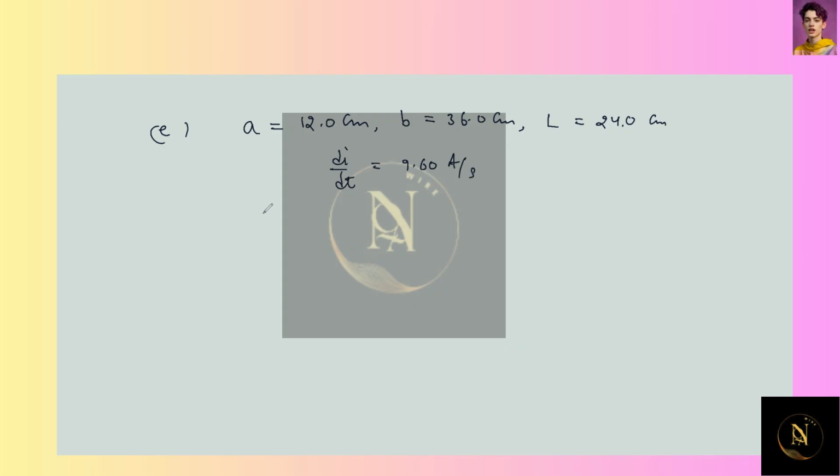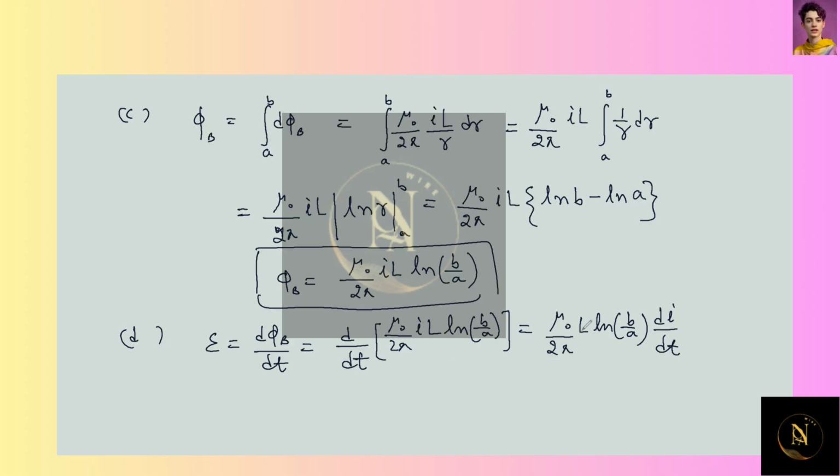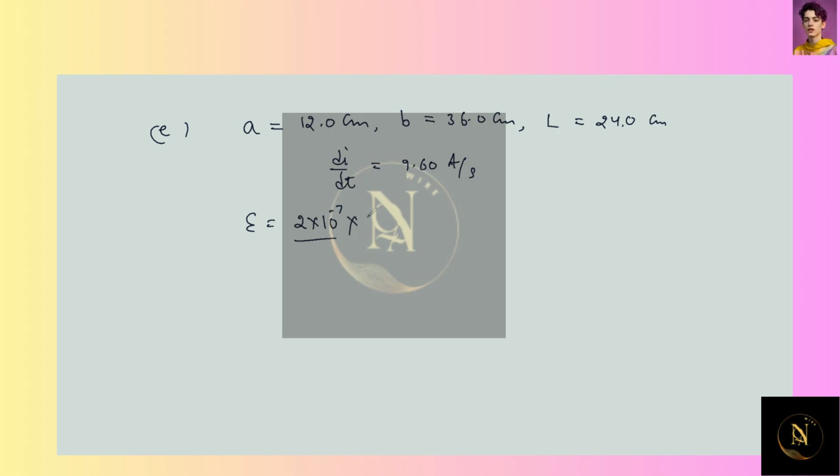When we put these values in the expression for EMF induced, we get 2 into 10 raised to the power minus 7 for mu naught by 2 pi. This is the value of this constant. Then for length, we have 24 centimeter or 24 into 10 raised to the power minus 2 meter.